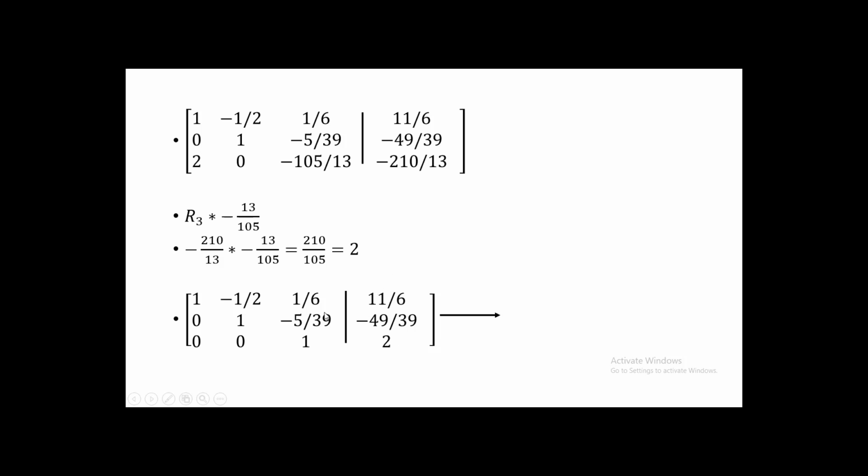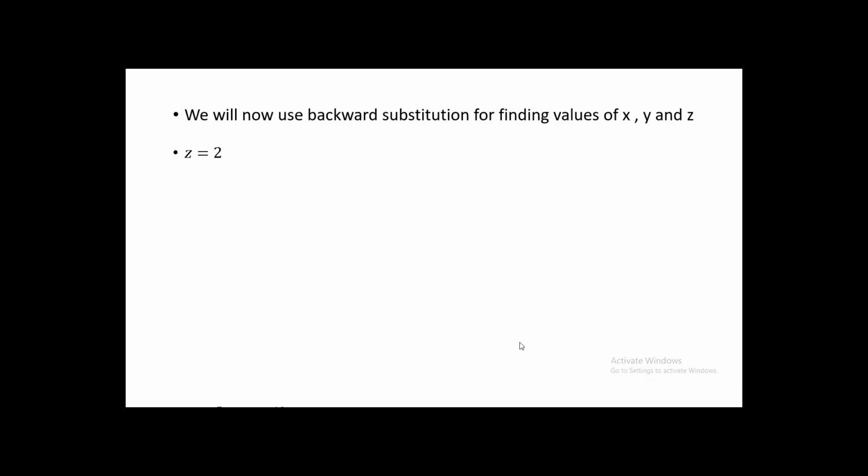The augmented line basically separates these two matrices. This was for my constants, and all the values written after the equal sign are written here. So if this is my x, y and z, then z is equal to 2. Then y minus 5 upon 39 z equals minus 49 by 39.